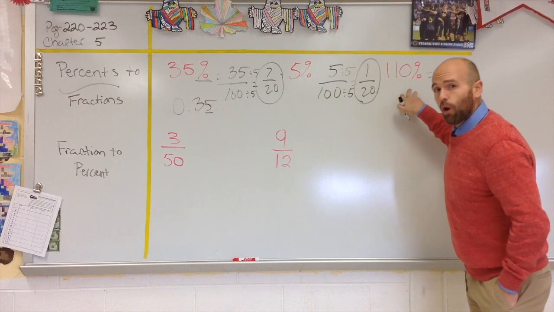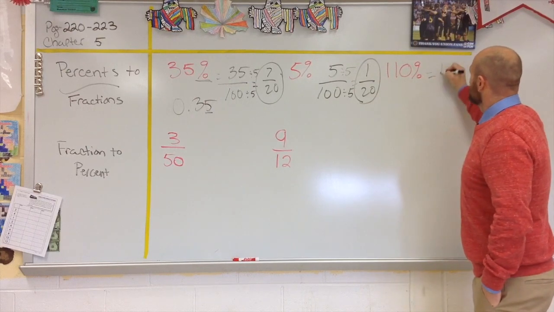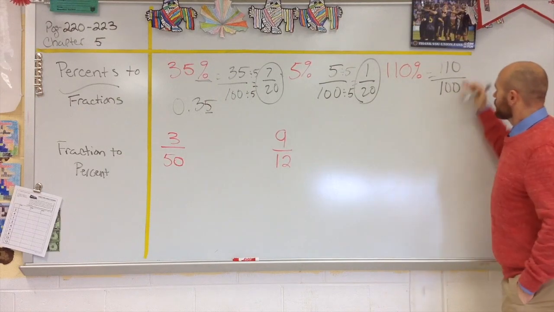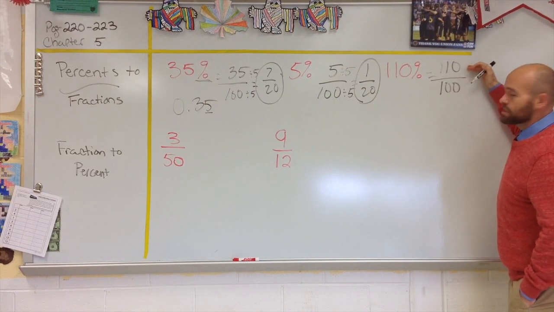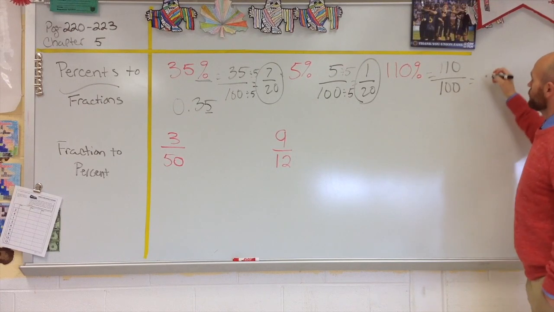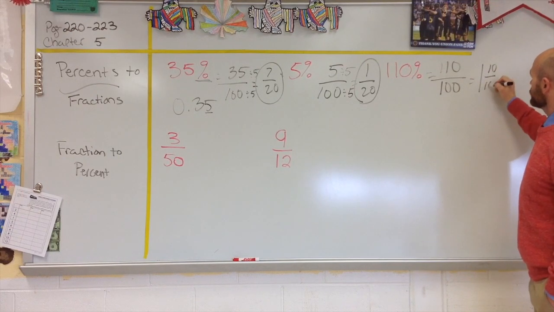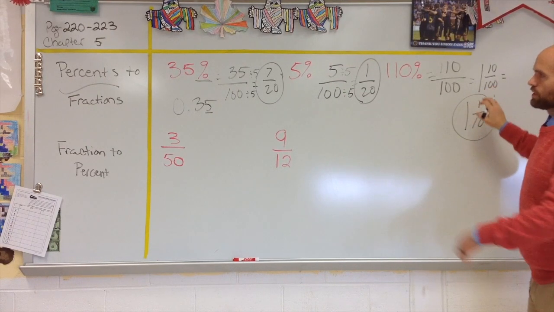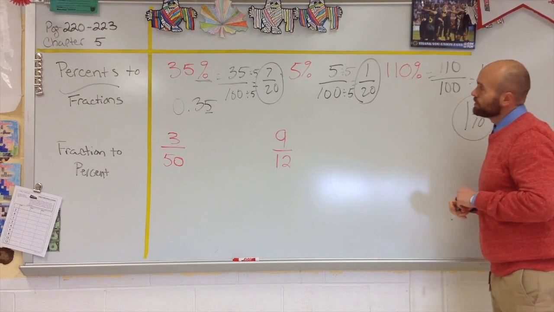But if we do have over 100%, we still stick the number as the numerator, and then the denominator will be 100. And we could reduce this to 1 and 10/100ths, which would also reduce to 1 and 1/10. So that's how we go to a percent from a fraction.